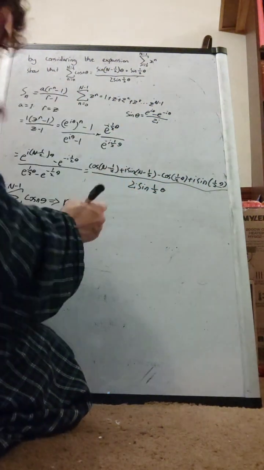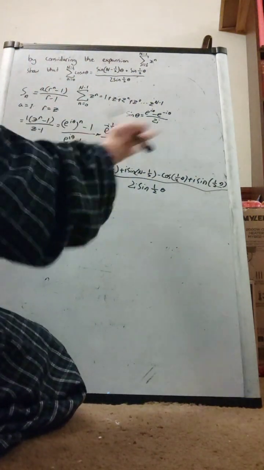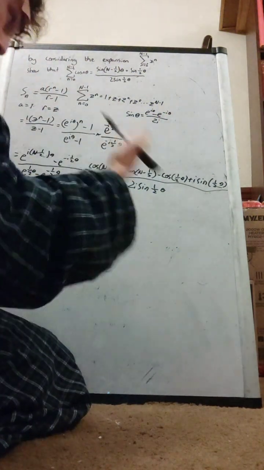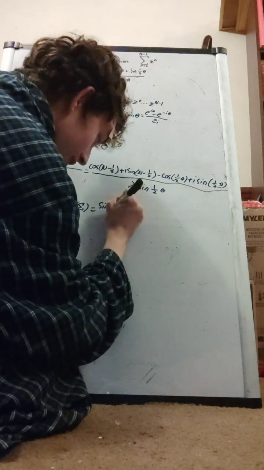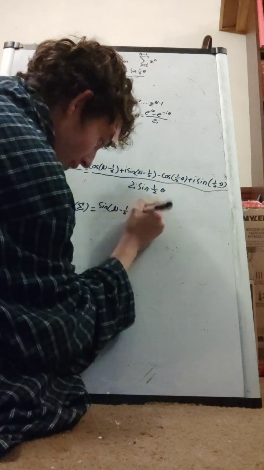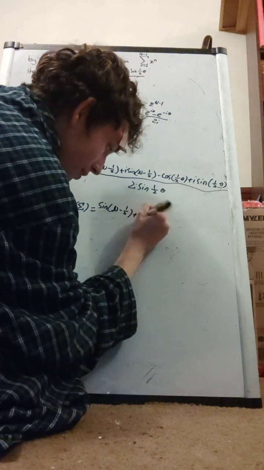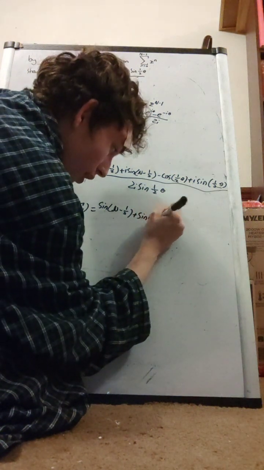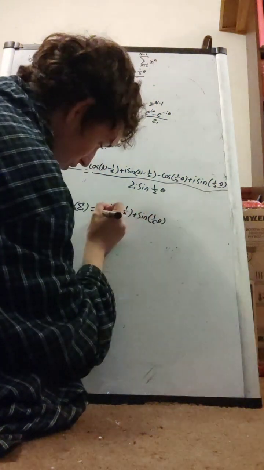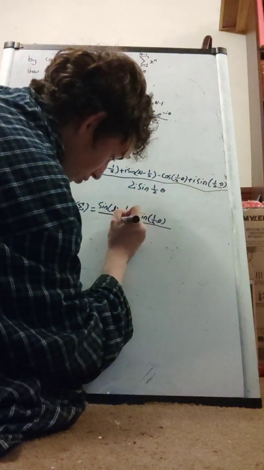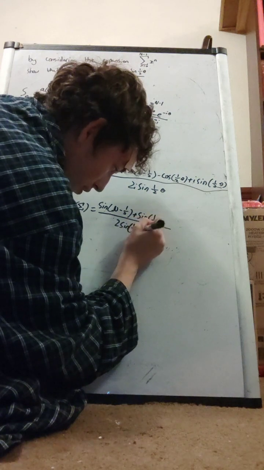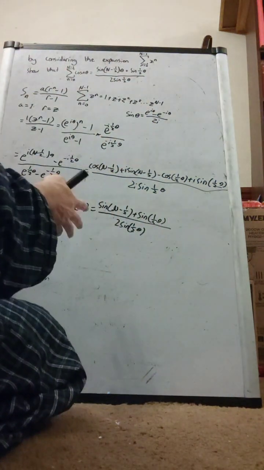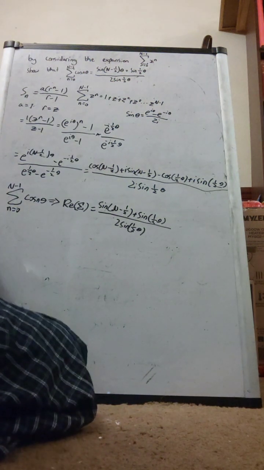So those are going to remain complex. So the real part is actually literally just going to be the sine with the i's cancelled out. So let's look at the sine n minus a half plus sine of a half theta all over 2 sine a half theta. And if we look back up here, it matches, and we are correct.